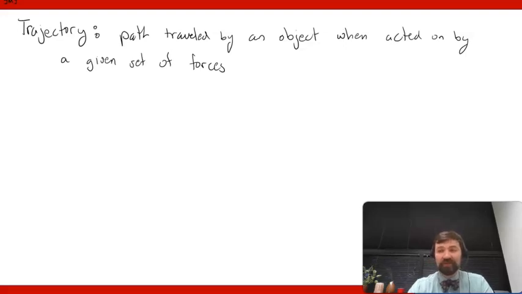So for example, air resistance creates an acceleration in the opposite direction of the object's motion at all times, and the magnitude is dependent upon how quickly the object is moving relative to the air.